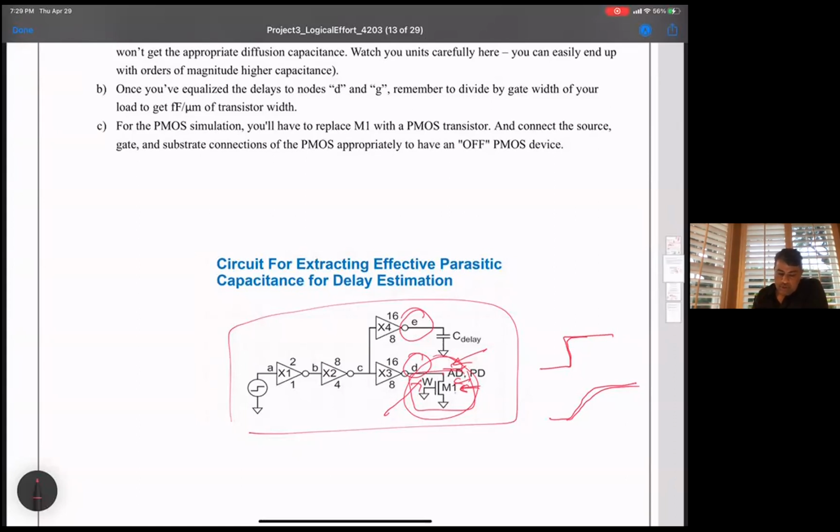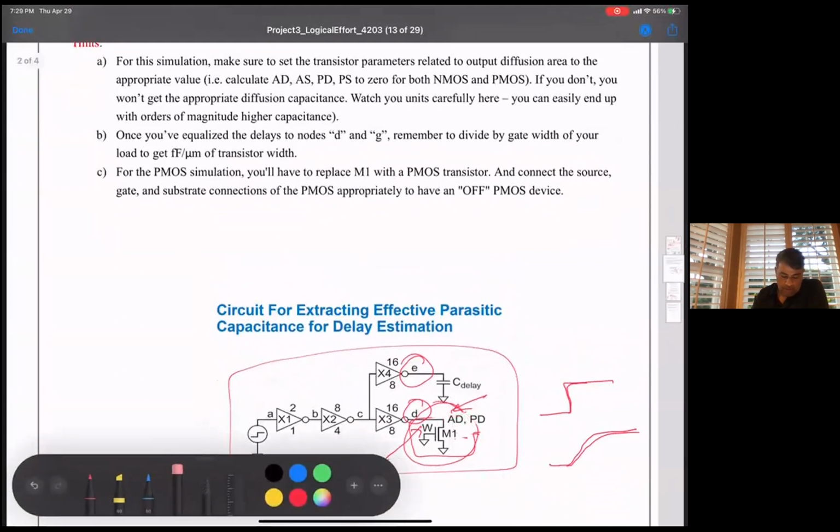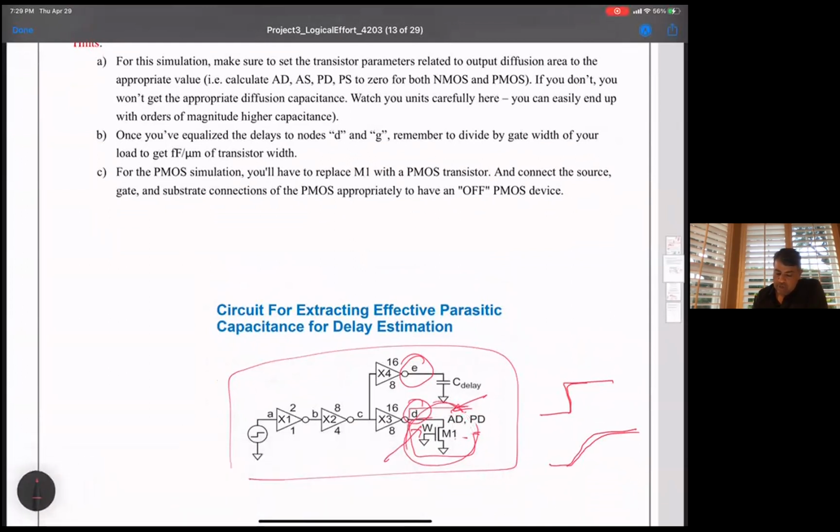For this, you do need to set the area of drain and area source values, because that's in fact what you're trying to measure here. Make sure you set that correctly, and I always make this mistake: the areas of the drains and sources should be on the order of 10 to the minus 12, because you're multiplying micron-type units.